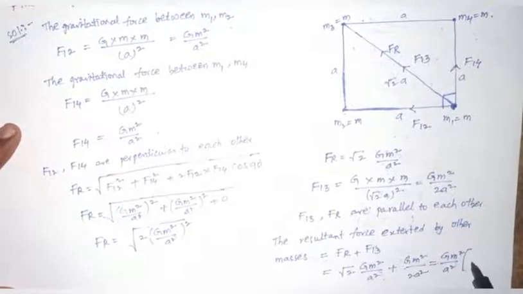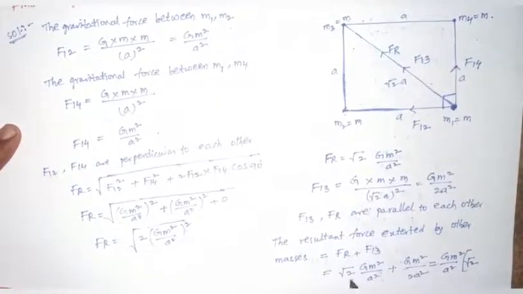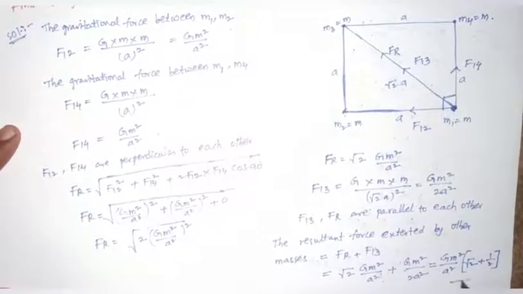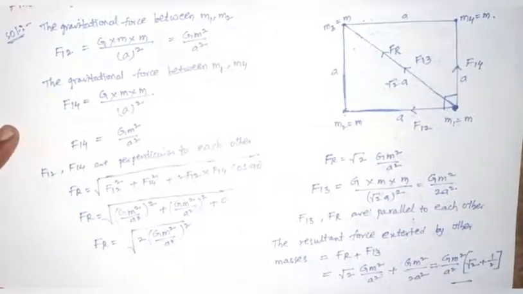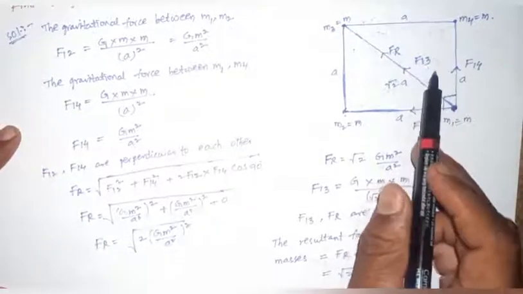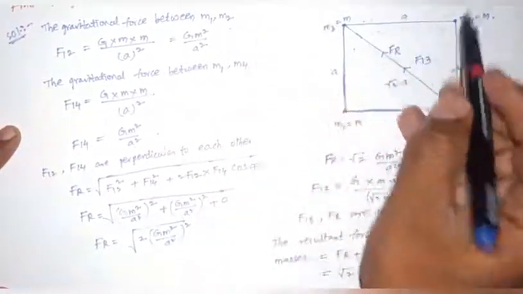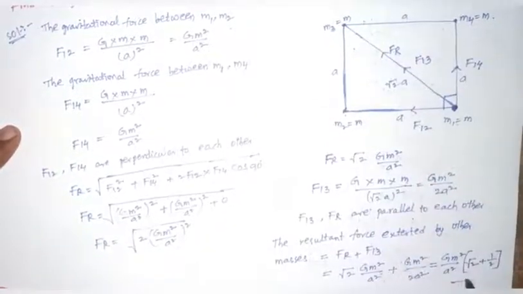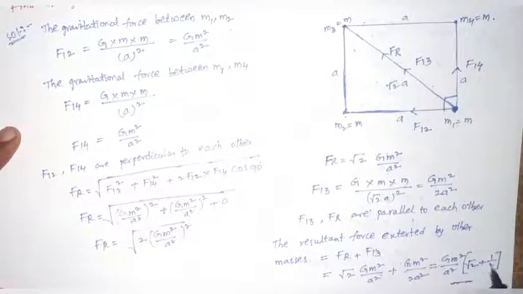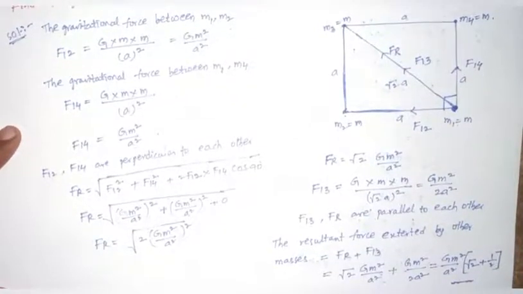Root 2 remains here, plus 1 by 2 here. So the resultant force exerted on one mass by the other three masses is G m square by a square into root 2 plus 1 by 2.